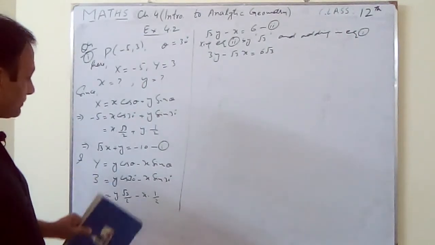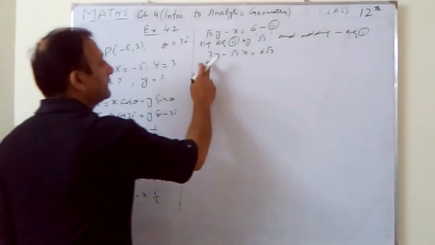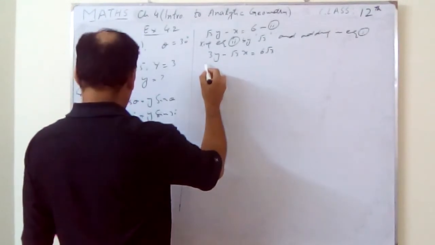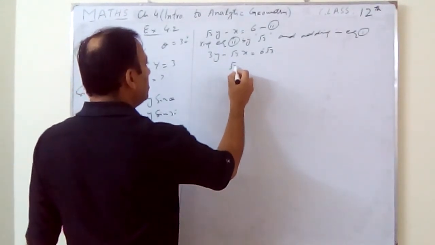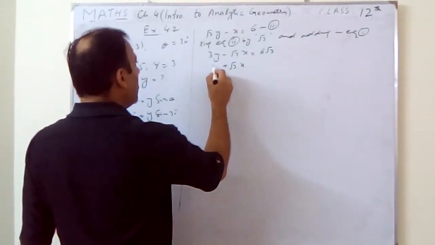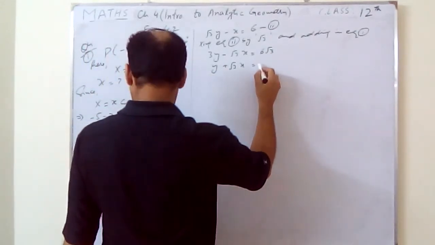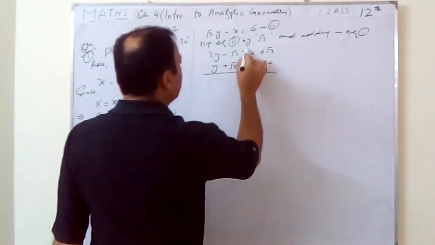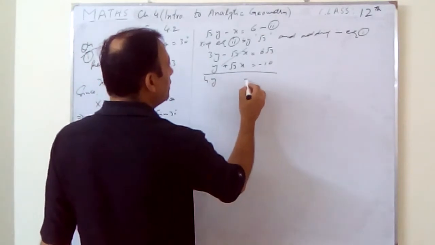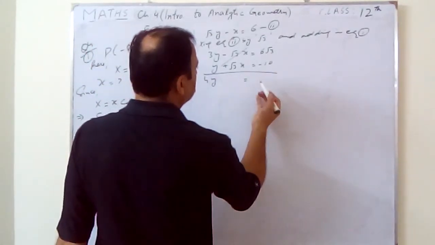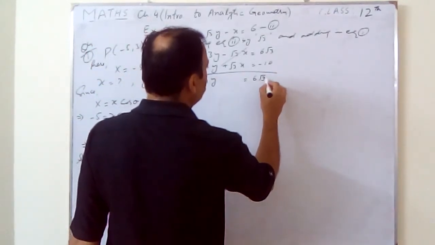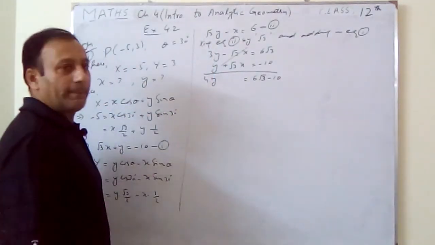So here square root of 3 x plus y is equal to minus 10. Cancelled. 4y is equal to 6 into square root of 3 minus 10.